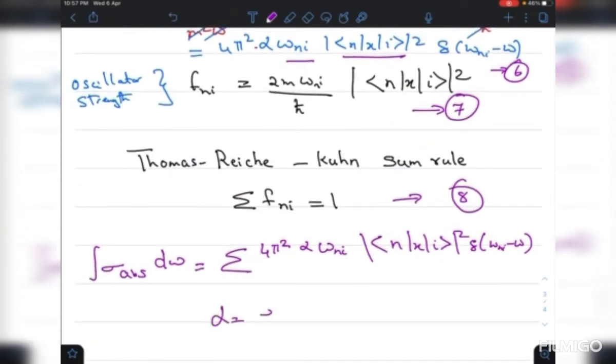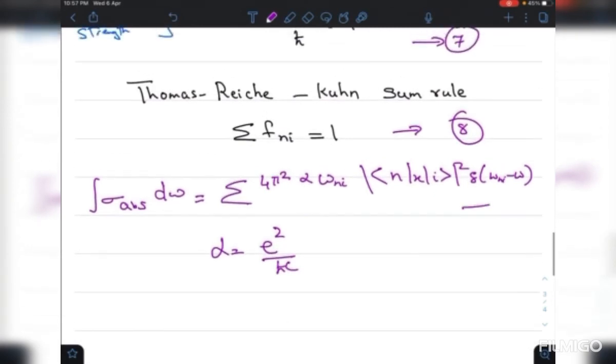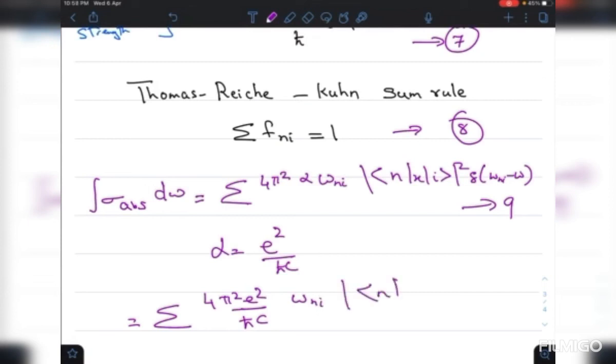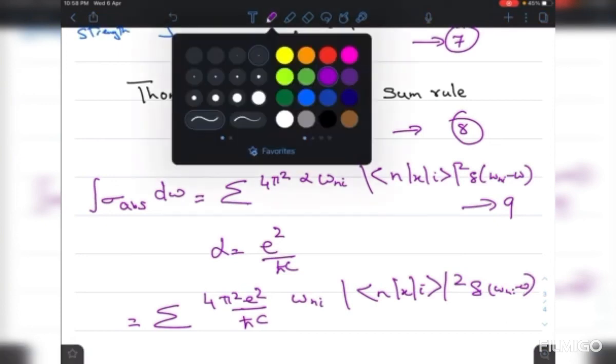Alpha is equal to e square by h cross c. So I can just substitute here in this equation 9: sigma 4 pi square e square by h cross c omega ni modulus n xi the whole square delta omega ni minus omega.